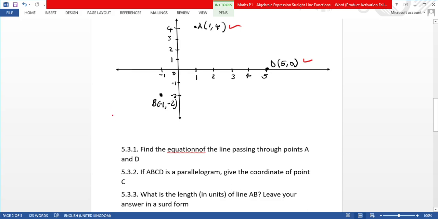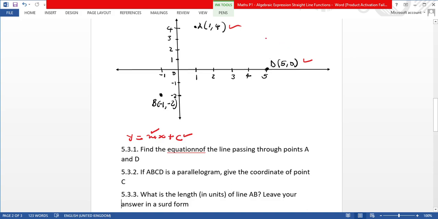So the first thing to tackle is to write the general equation of a straight line. So we're going to first calculate the m, then you're going to calculate the c. The m is the gradient. So when you calculate the m, it's actually easy.